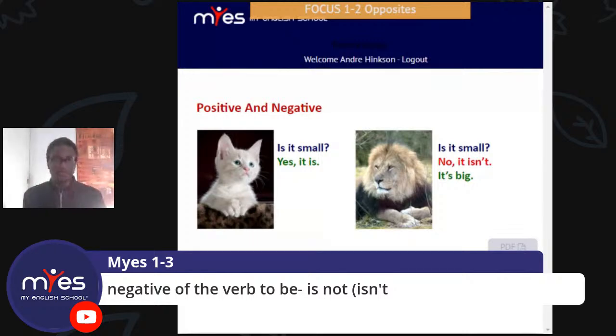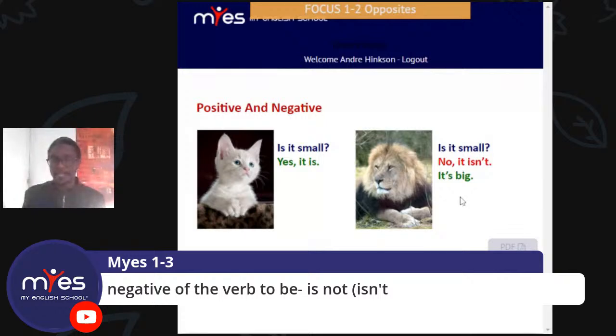Yeah, good. So the first picture, is it small, is the question. The answer would be affirmative. Yes, it is. The second picture, same question, but it's negative. No, it isn't. Then we respond with the positive. It's big. Good. So this is the form of the question and the response in the positive and the negative form.